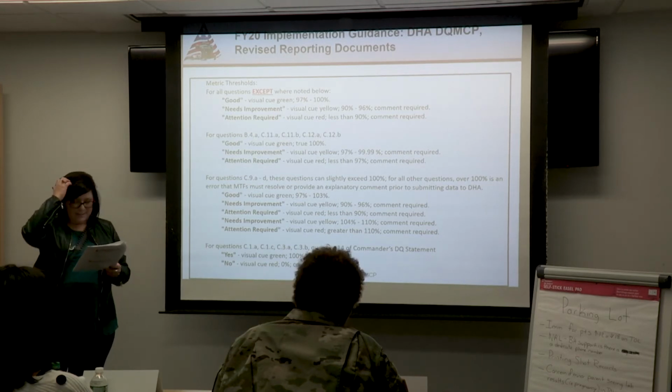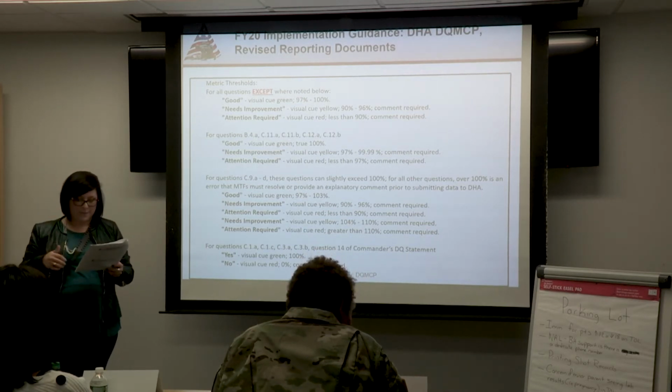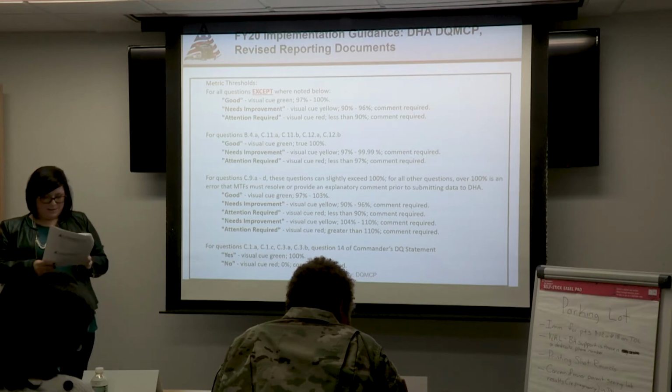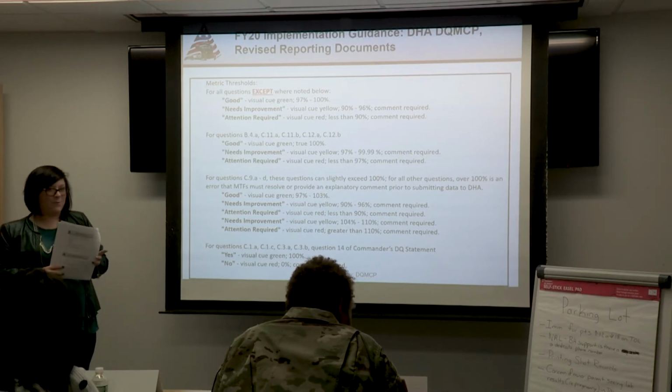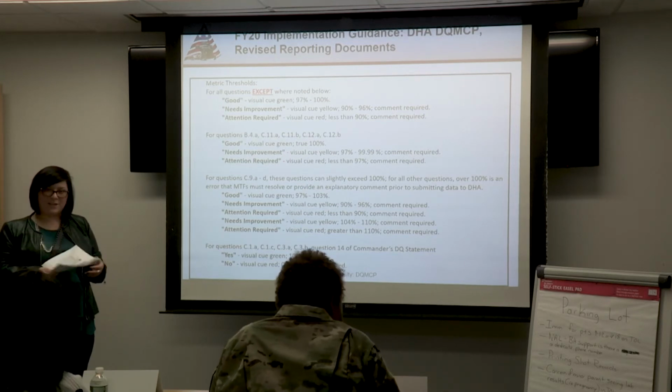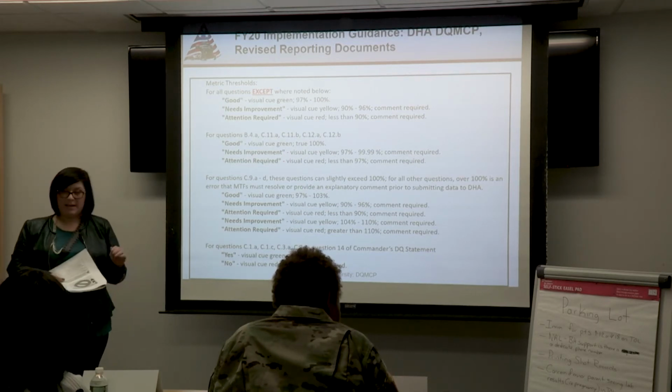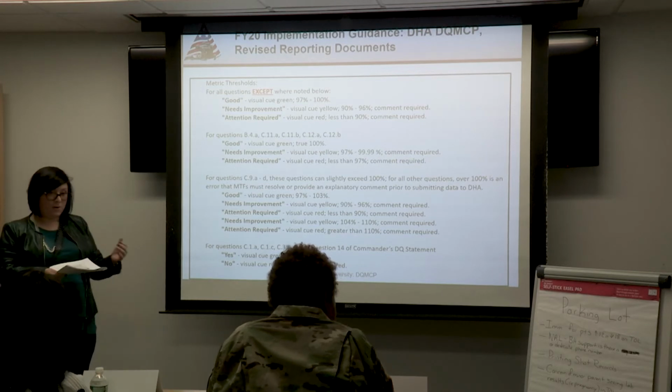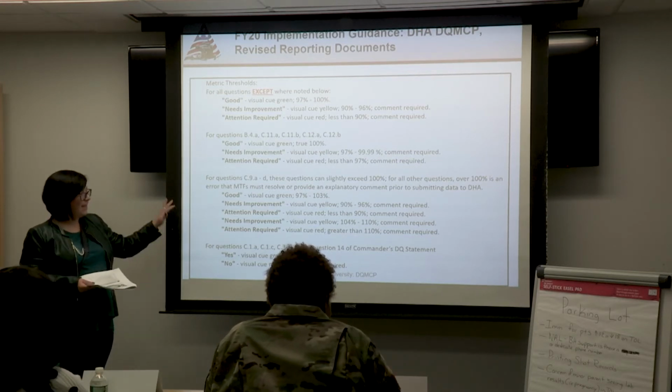For red, it's anything that is less than 97%. It's a little higher standard than we've been held to in the past. But it is something that DHA unified, so across the Navy, the Air Force, and the Army, we're all the same now. Any questions on these?